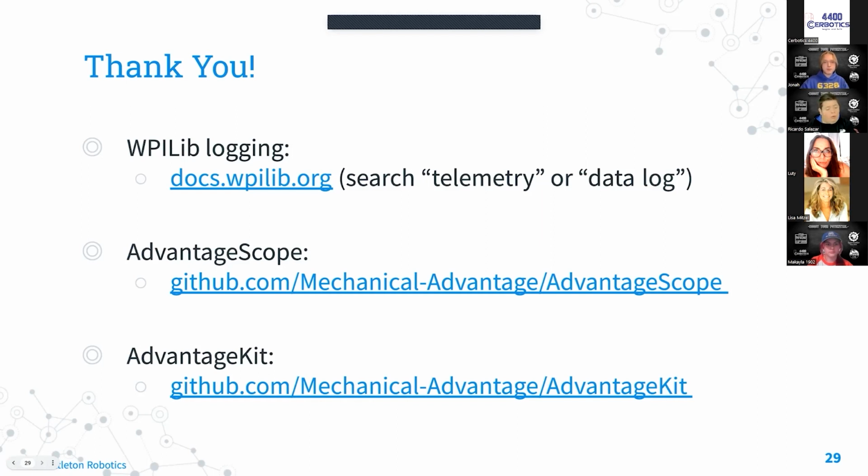Okay, well, there's your contact info. Do you have any kind of email, Jonah, or does your team have any way to contact you if teams want to reach out? Yes, certainly. I don't know what the best way is to get that out, but we have a contact email. You can find us on our GitHub page linked there. And we're all active on Chief and Discord and all the normal places.